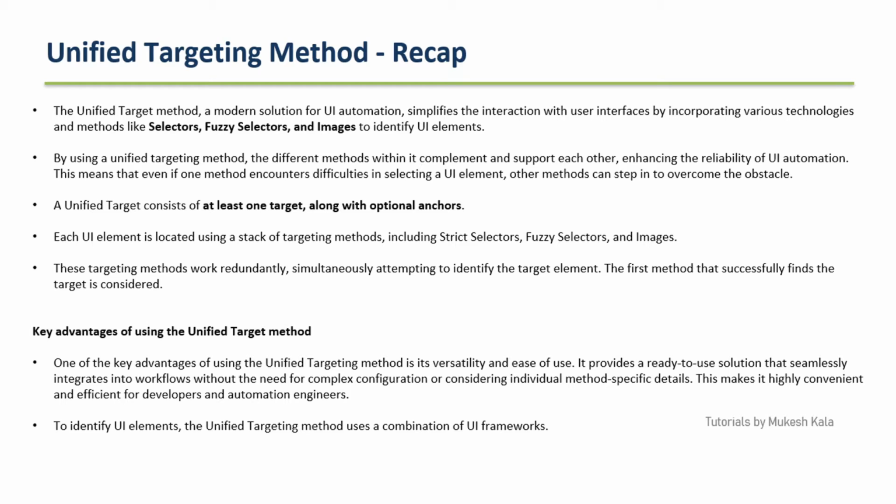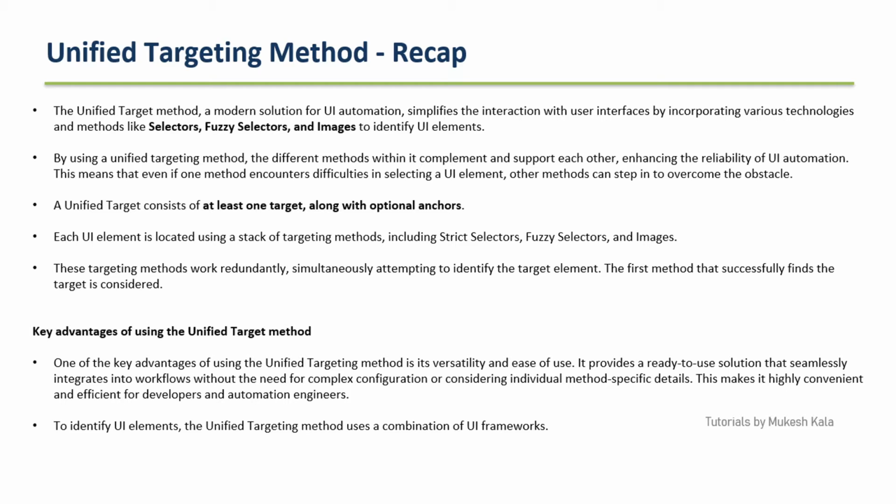If you compare this to the classic selector, if I have to use selectors, I have to use a different activity. If I have to use image, I have to use an image activity. That is what is different in this modern design, and we have already discussed this in the previous video. So the unified targeting method simply consists of one target along with optional anchors.